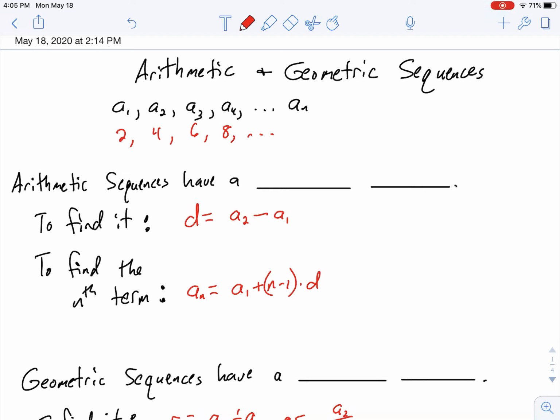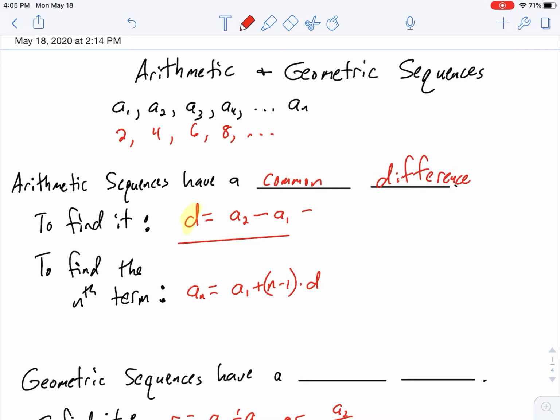So an arithmetic sequence, arithmetic sequences have what we call a common difference. And if you watched the video yesterday like I asked you to, you will have already seen this. A common difference is indicated with the variable d for difference, and you find it by subtracting A1 from A2. That's at the most basic level. You should be able to subtract any two adjacent terms, like A4 minus A3, or A21 minus A20, and get the same number.